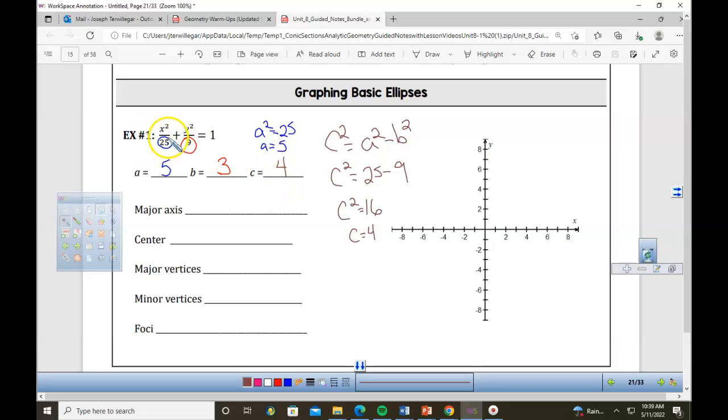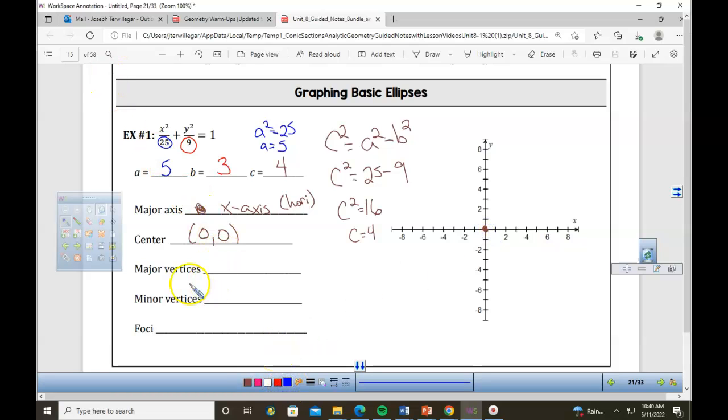Now, because my biggest number was under my x, my major axis will be horizontal, the x-axis. My center, we haven't done any shifts yet. The shifts are going to be h, k, just like we do with circles, x minus h, y minus k. But this one, my center will be 0, 0.